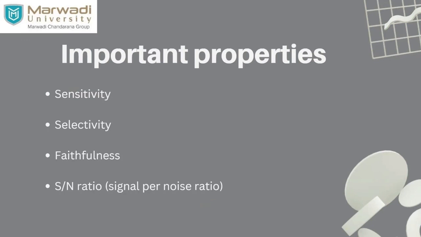The power amplifier deals with this signal to noise ratio. So if there is some noise in the signal, by using the S by N ratio we have to minimize the noise and properly amplify that signal to listen to the proper voice or proper audio.